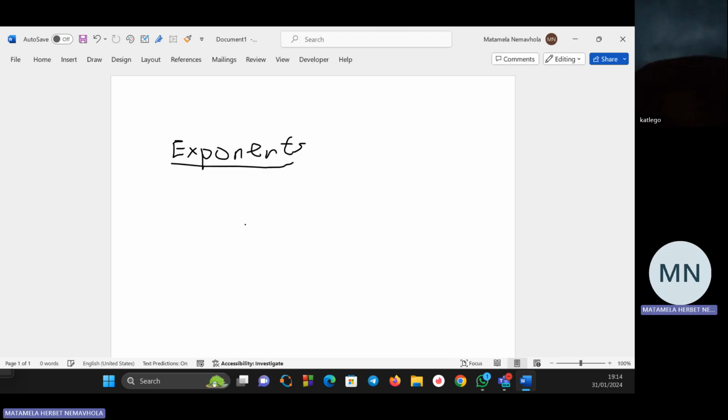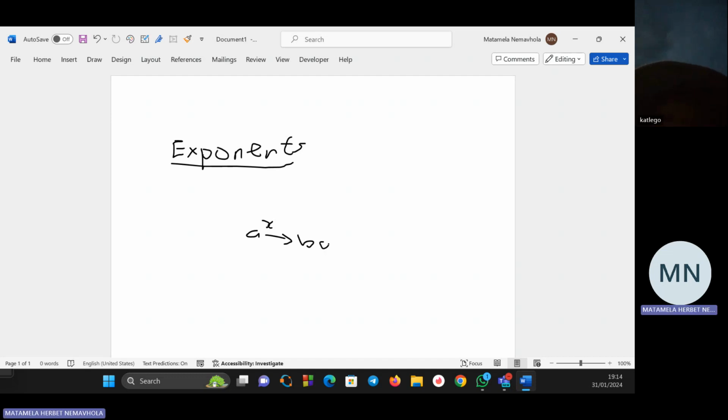Exponents. So when we talk about exponents, if you have, for example, a to the power x, what it means is that this a here, we call it a base.